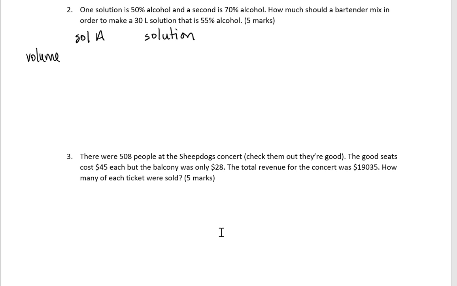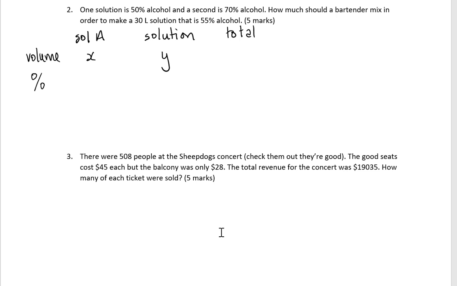And here is percent. So this bartender's gonna mix, how much should a bartender mix in order to make a 30-liter solution? So we have no idea how much of each solution is gonna be used.